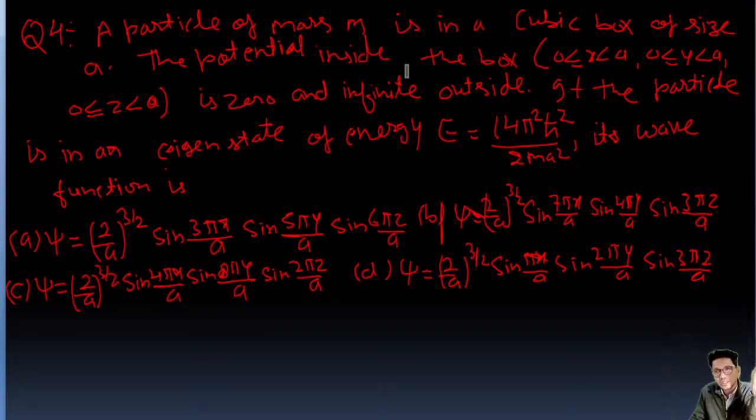The condition is x should be between 0 and a, y between 0 and a, and z between 0 and a. Outside the box the potential is infinite. If the particle is in an eigenstate of energy this, then we need to find its wave function, and options are given.